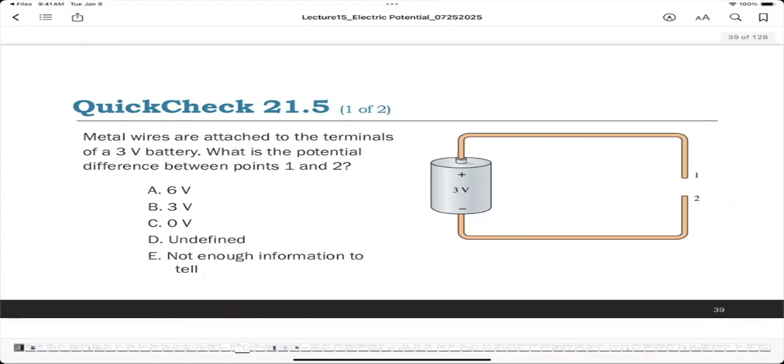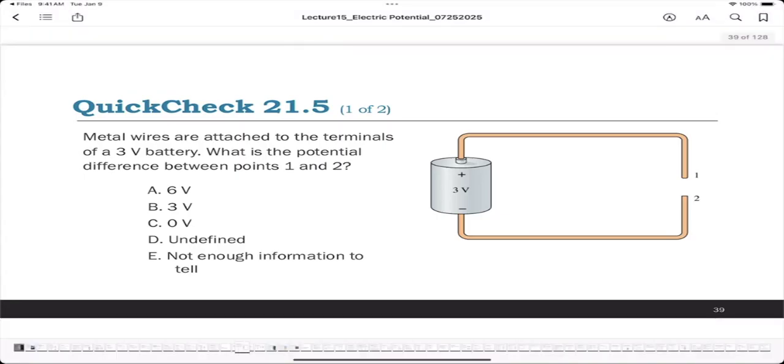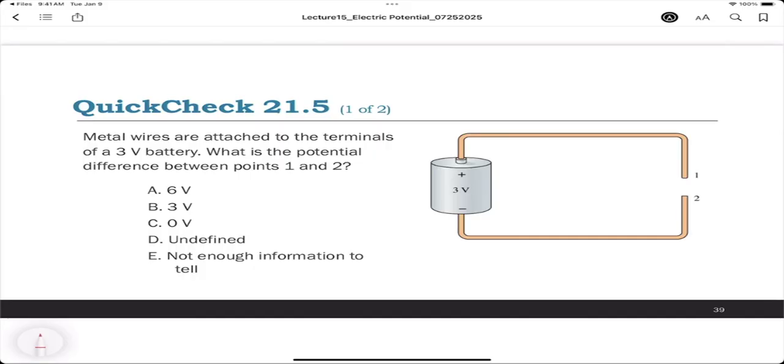Okay. And let's review a quick check question. Metal wires are attached to the terminals of a 3-volt battery. What is the potential difference between points 1 and 2?